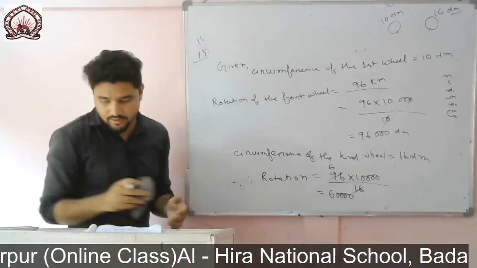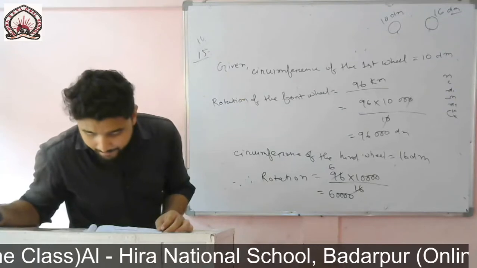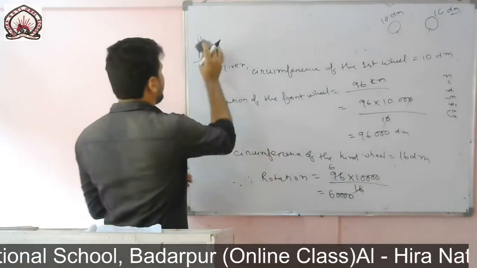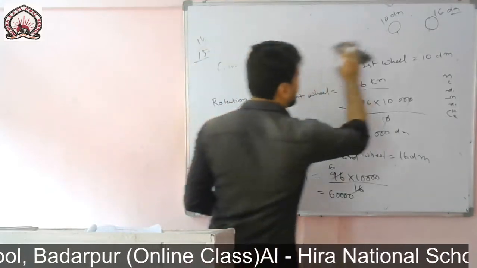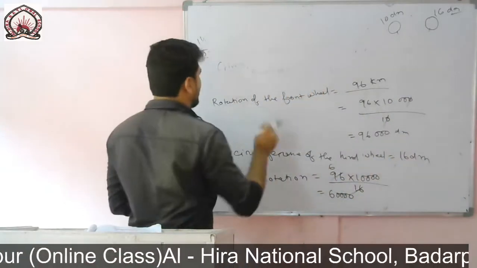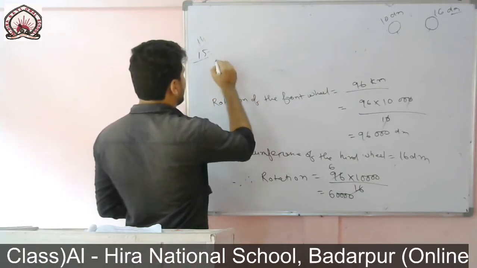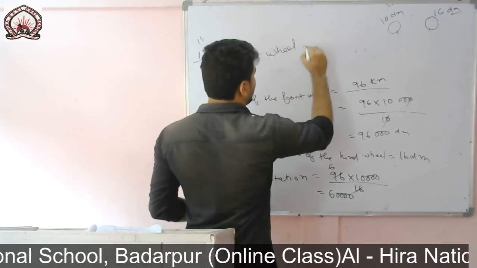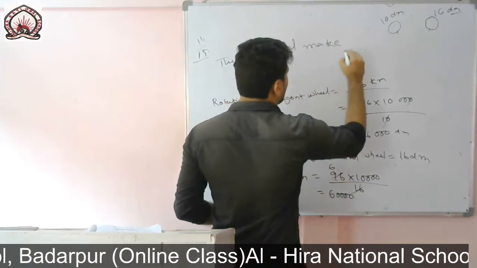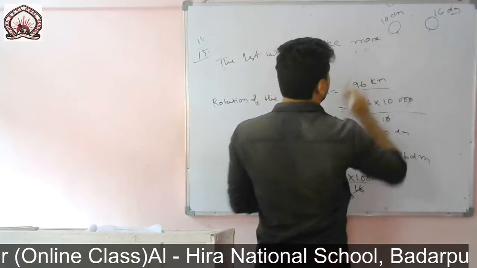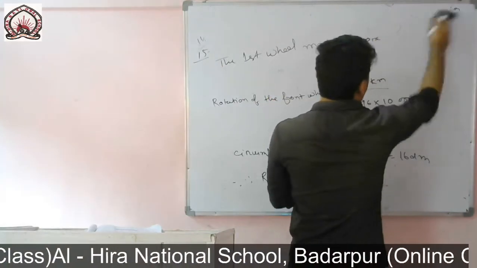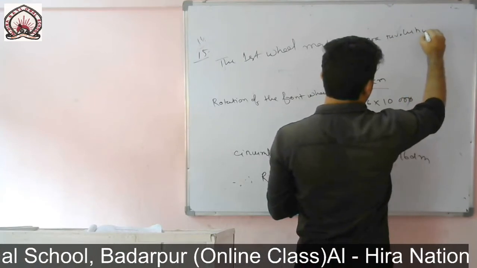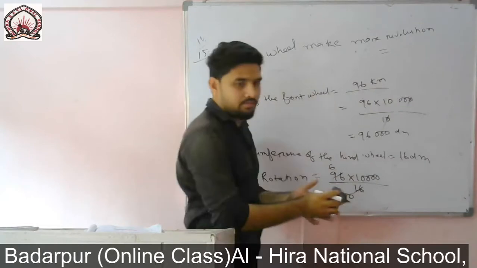So write: how many revolutions more will the first wheel make? The first wheel makes more revolutions equals what?